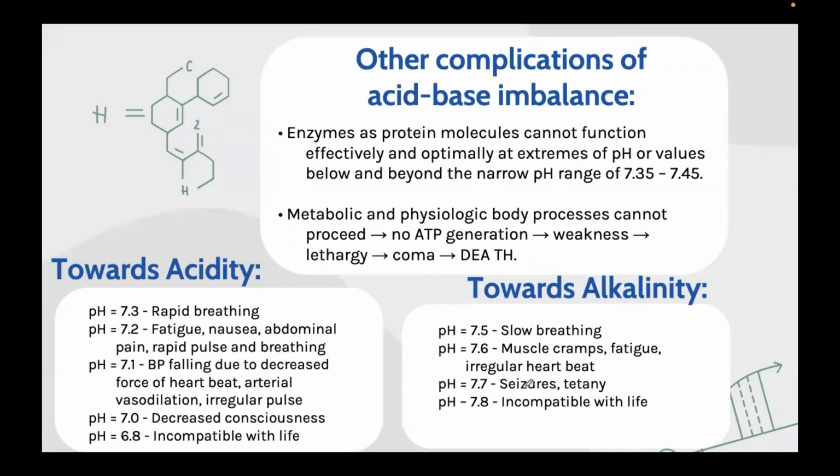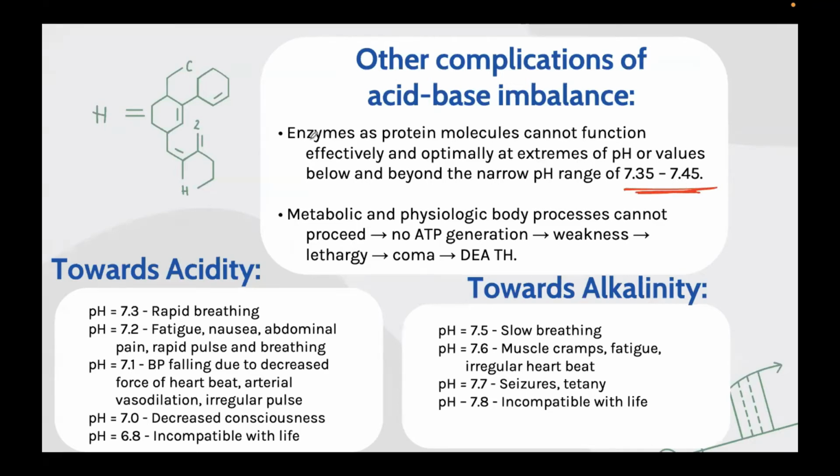Next, ito po yung mga binabanggit kong complications kanina pa pag hindi talaga natin na-maintain ang ating acid-base balance. Okay? Enzymes. Enzymes as protein molecules cannot function effectively and optimally at extremes of pH or values beyond and below the narrow pH of your 7.35 and 7.45. We have to remember that enzymes are proteins. Okay?